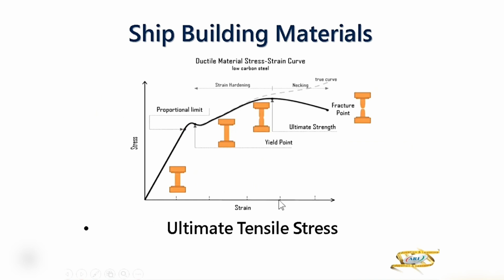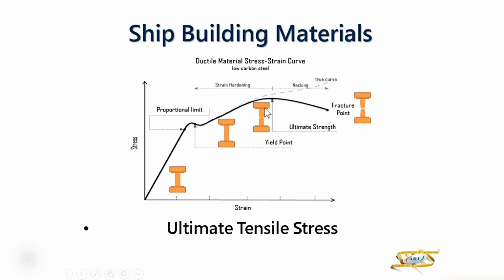Now if you see in the diagram, you're stretching this material, so you're coming to the proportional limit, and then stress is not directly proportional to strain. So that is your yield point. It is still in the elastic phase. After that, it enters the plastic phase. You're still stretching it. So from the yield point to the UTS, this is known as strain hardening, because the material is getting strained.